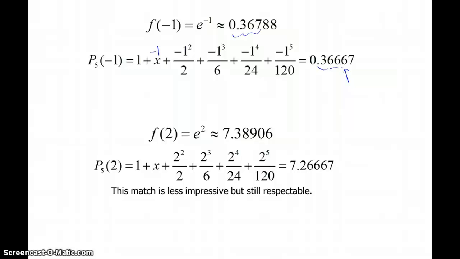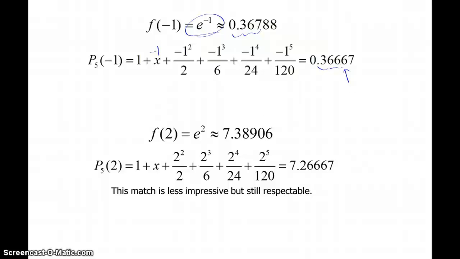That's pretty good. I mean, within 1/1000th of an error, p sub 5 of negative 1 acts like f of negative 1. So depending on what I'm doing with this value, if 3 decimal place accuracy is within my accepted error for whatever my boss is telling me to do or whatever this function is modeling, p sub 5 of negative 1 is acceptable.